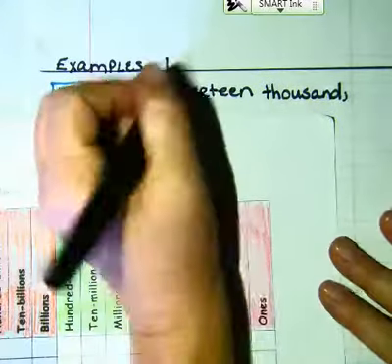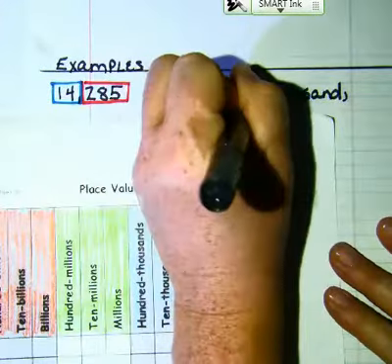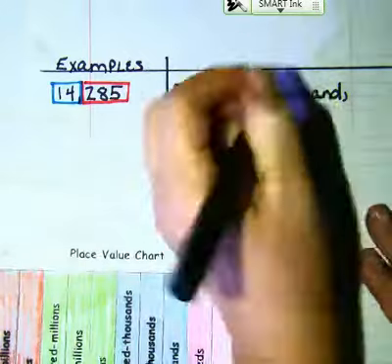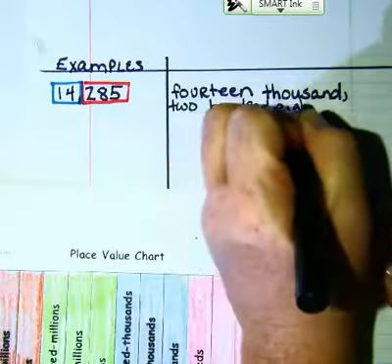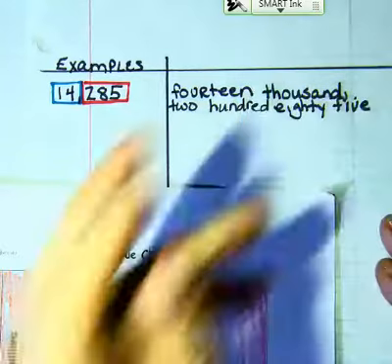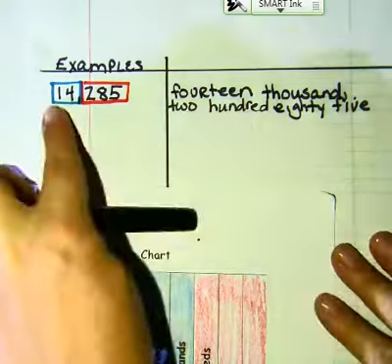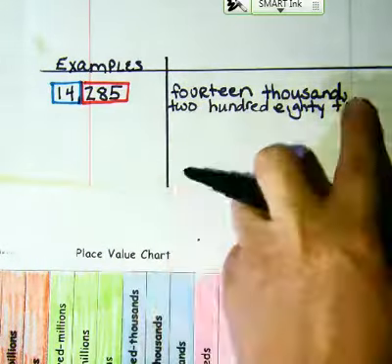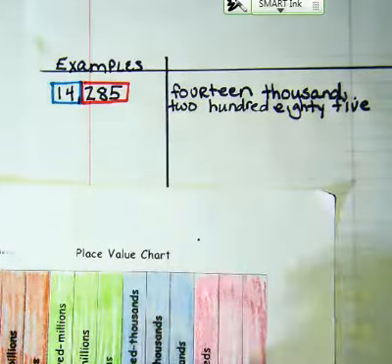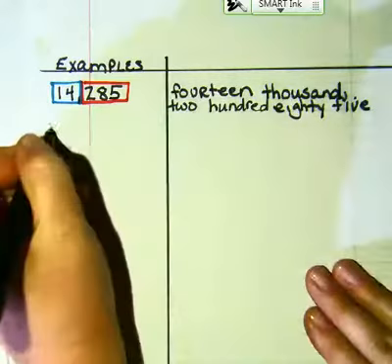So we write that down. 285. And because it's red, if you look back at your notes, red doesn't get a name, so we just stop. So the way you say this is 14,000, comma, 285. Okay, let's try another one.